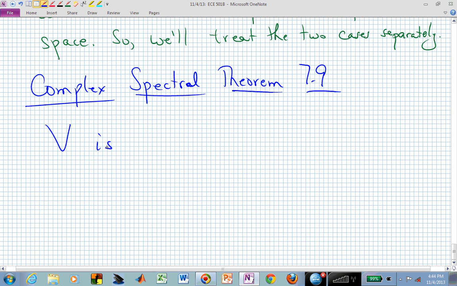Now our inner product space is a complex inner product space. So V is a complex inner product space, and T is a linear operator on that space.